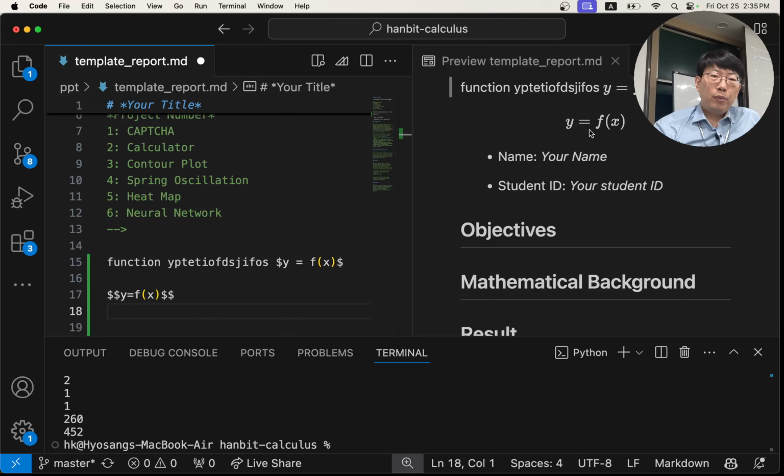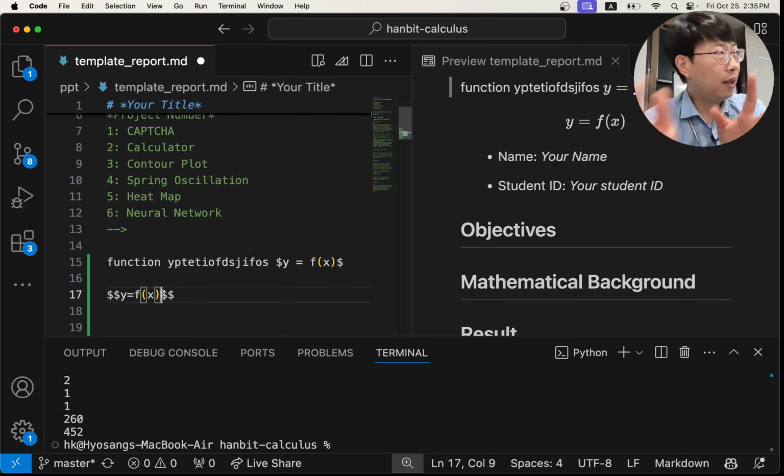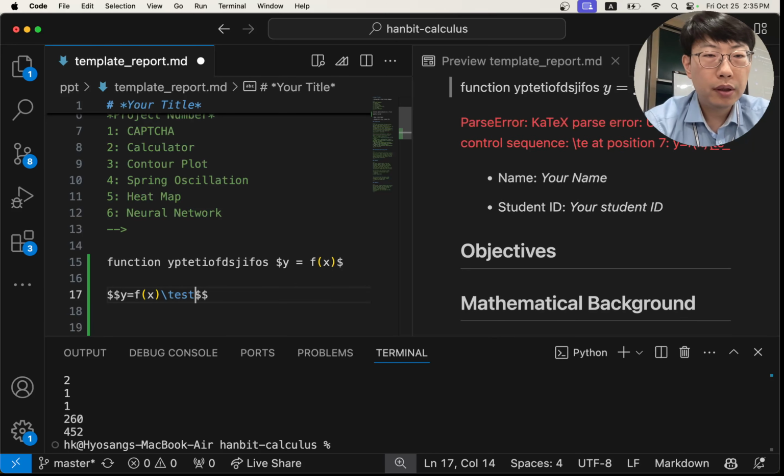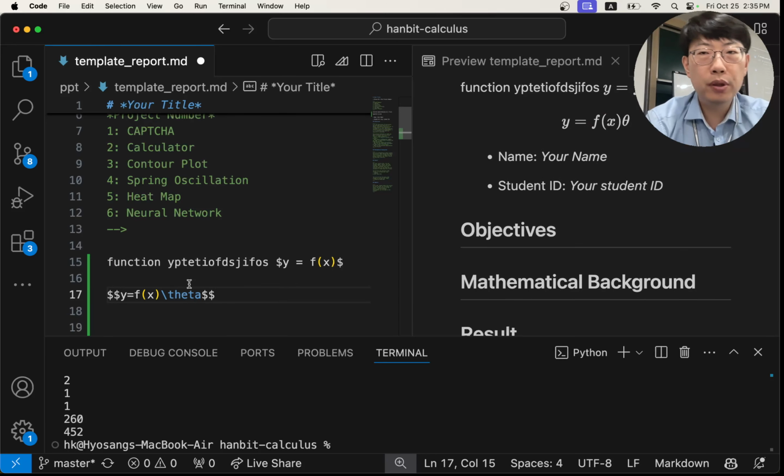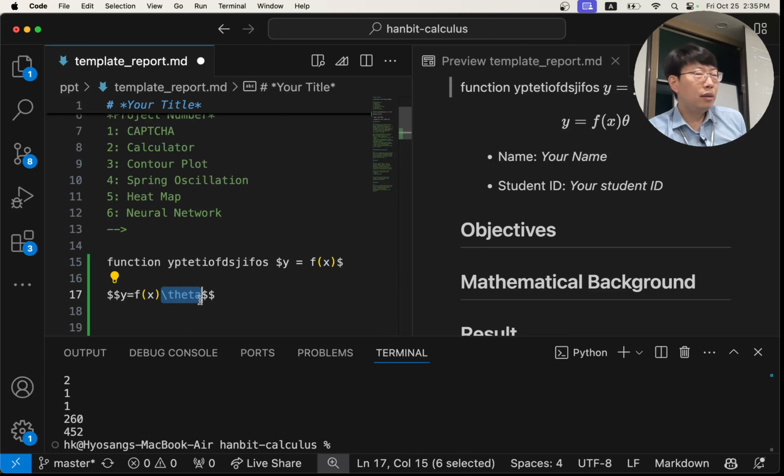Also, if you need to input special characters like theta, there is a command that prints that symbol. You have to search for LaTeX symbols. For example, if you want the theta symbol, there is a command \theta that gives you the theta in print. So you have to use the appropriate symbol anytime you want to use it.